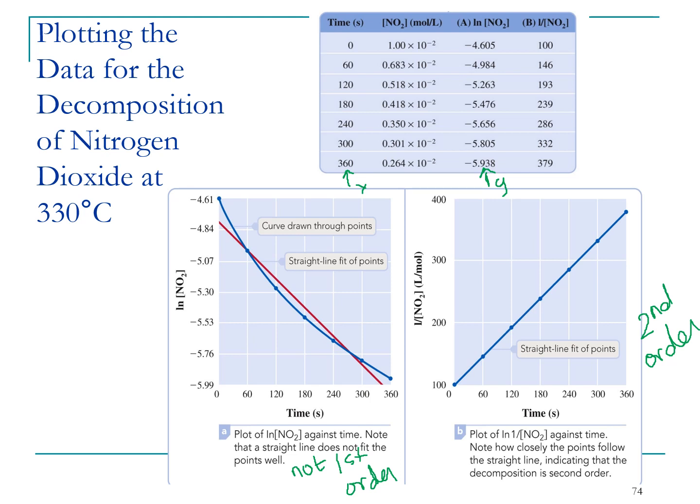I believe we're going to do that in one of the labs, where we'll be given the data and we'll plot natural log versus time, and then 1 over concentration versus time, and see which one gives us a straight line. And of course, if it's not first order or second order, you won't get a straight line. There are many more complicated cases, but again, we're just sticking with the straightforward.